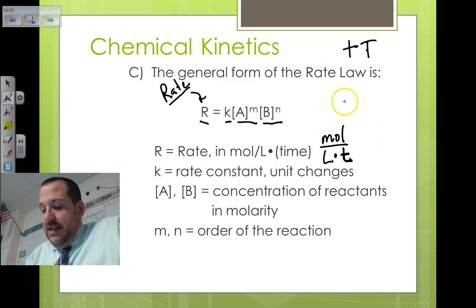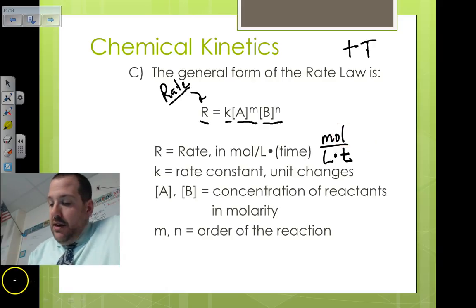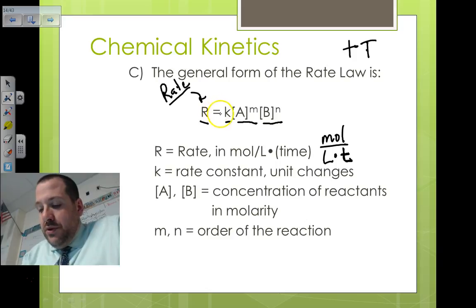Okay, so the rate is equal to some concentration of the reactants. This would be a reactant, and this would be a reactant, each raised to some power.